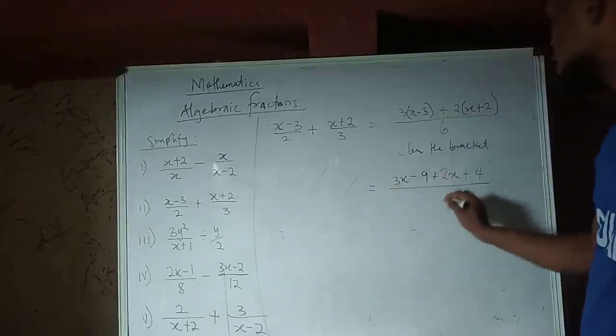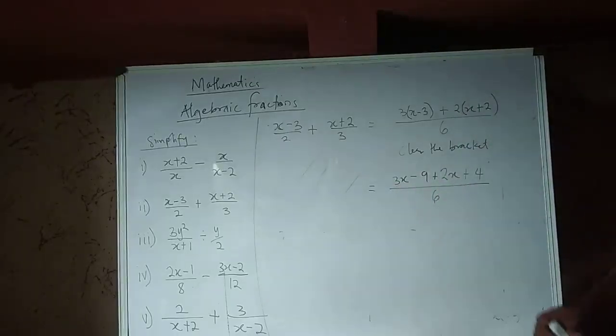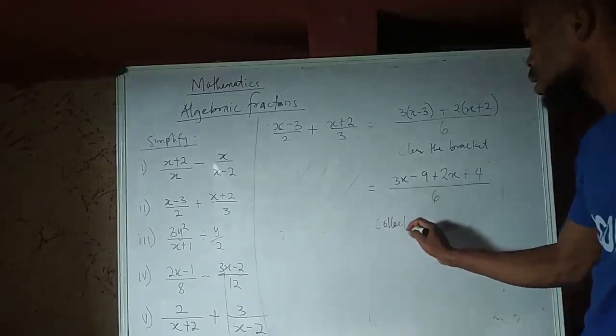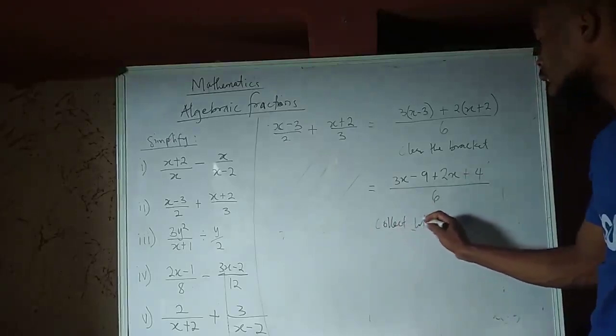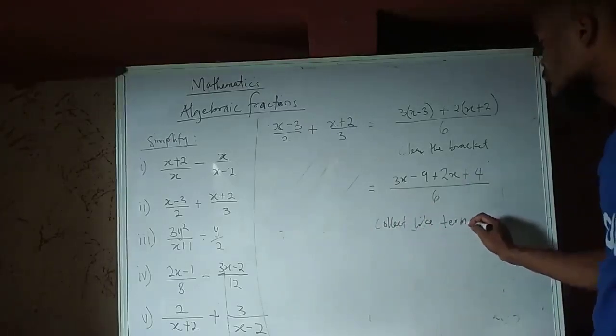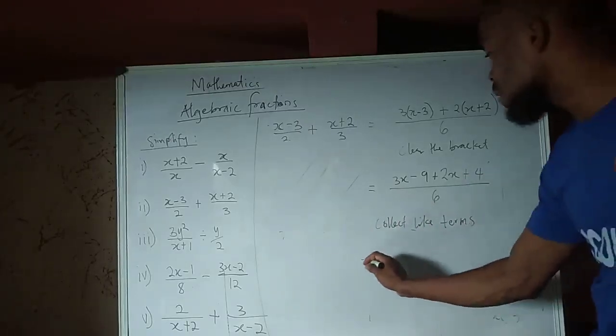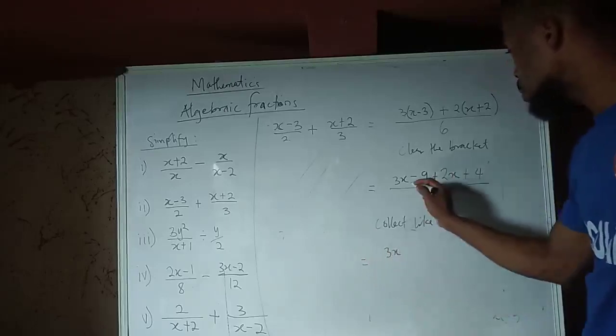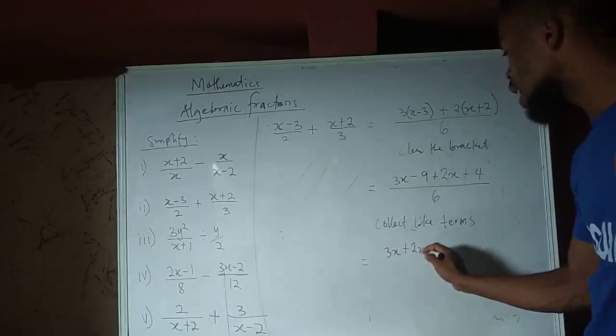All of these divided by what? 6. Okay, so once that is done, I'll have to do what we call collecting of like terms. So when I collect like terms, I'm going to get 3x. I'll take plus 2x close to it because they are alike.